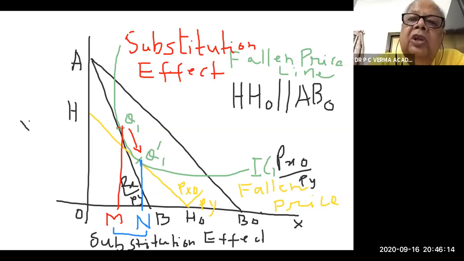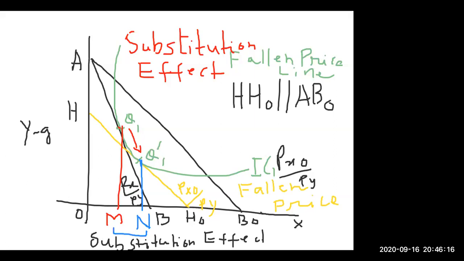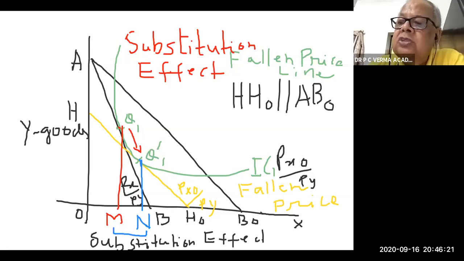This is Y commodity, Y goods, and this is X goods.